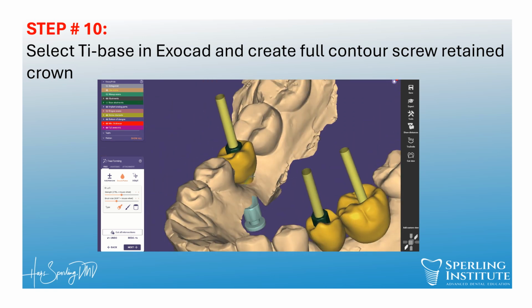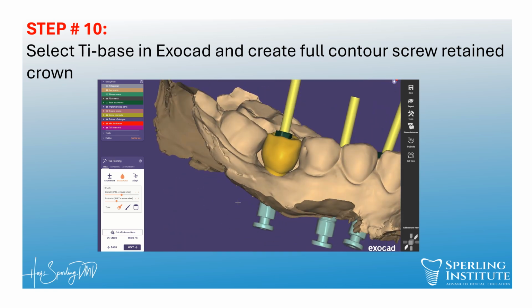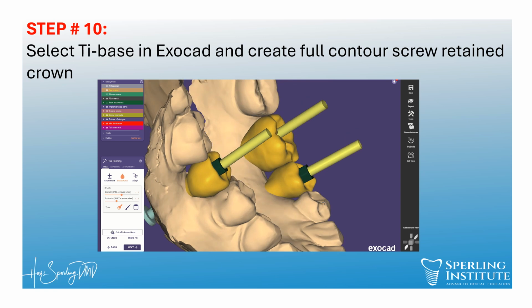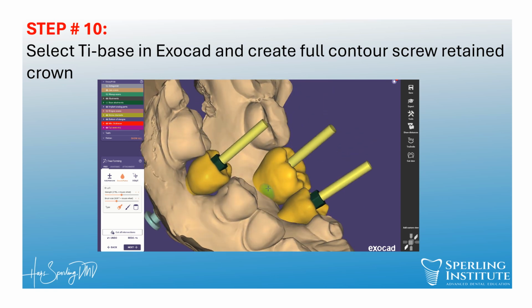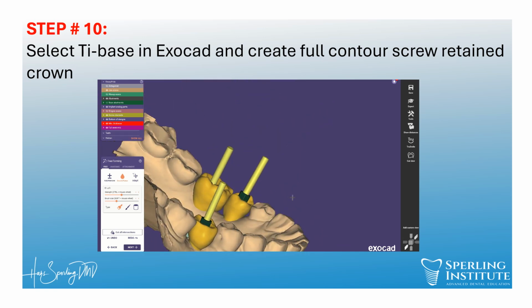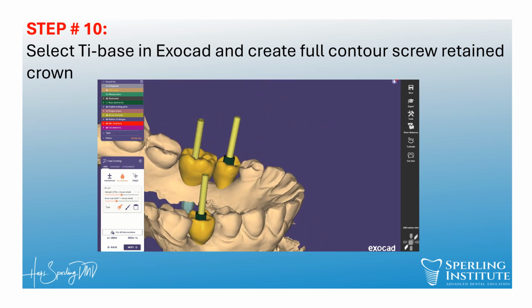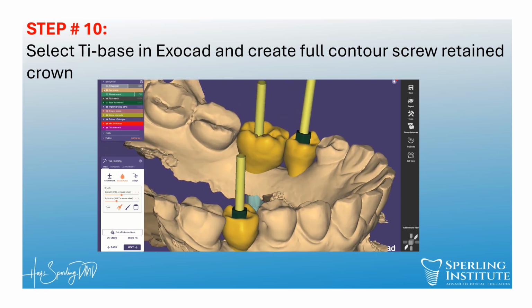Alright, so we can see how my crown is coming out of the gum. And I can start developing that emergence profile. Now I may not like this, so I'm gonna add some.